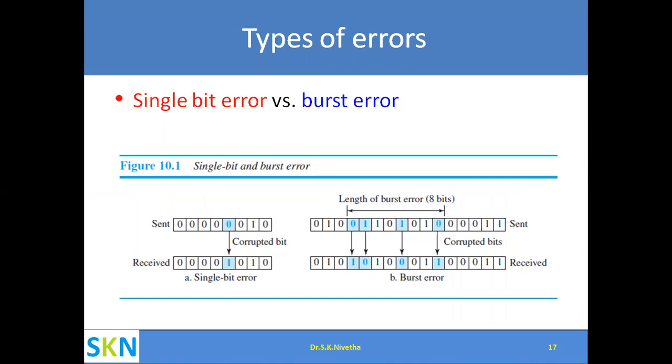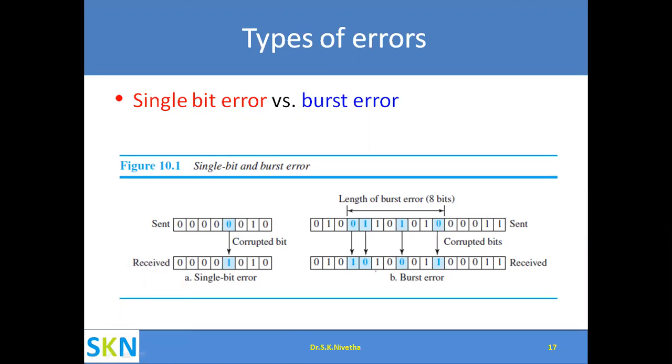In error detection, we first focus on the types of errors we can have: single bit error or burst error. If the sent data word is received incorrectly and only one bit is changed, only one bit is corrupted, then that is called a single bit error.